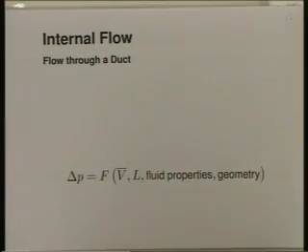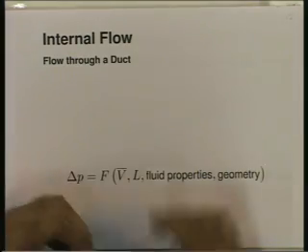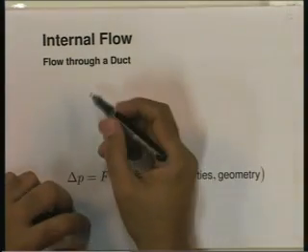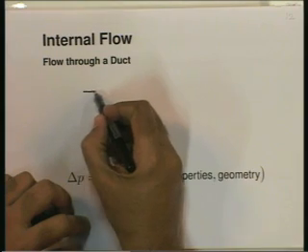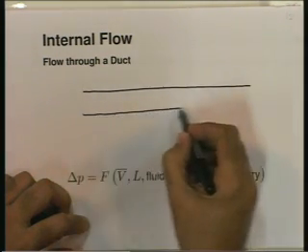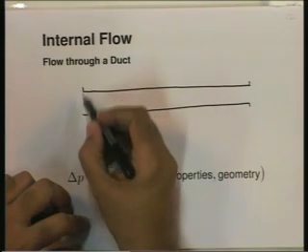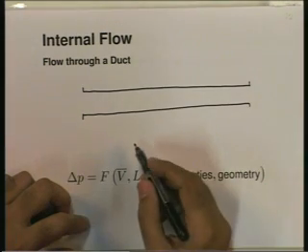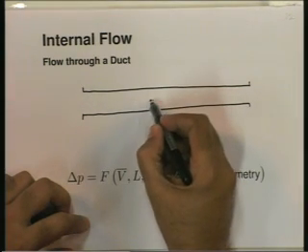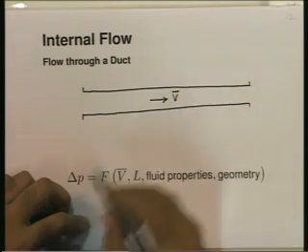Internal flow represents flow through a duct of some cross section. The simplest situation would be a duct representing a tube or a pipe or a channel, through which a fluid flows with some mean velocity, say V bar.